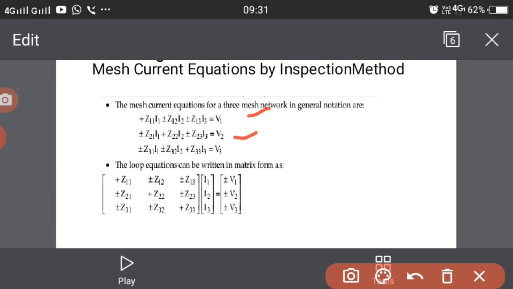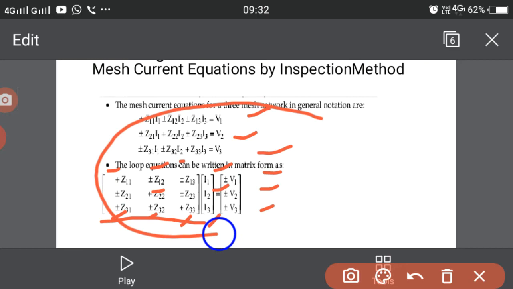V3 is equal to plus or minus Z31 I1 plus Z32 I2 plus Z33 I3. In matrix form, the impedance parameters Z11, Z12, Z13, Z21, Z22, Z23, Z31, Z32 and Z33 are multiplied with the currents I1, I2 and I3, equal to the voltage sources V1, V2 and V3. This is the mathematical way to represent the mesh equations.